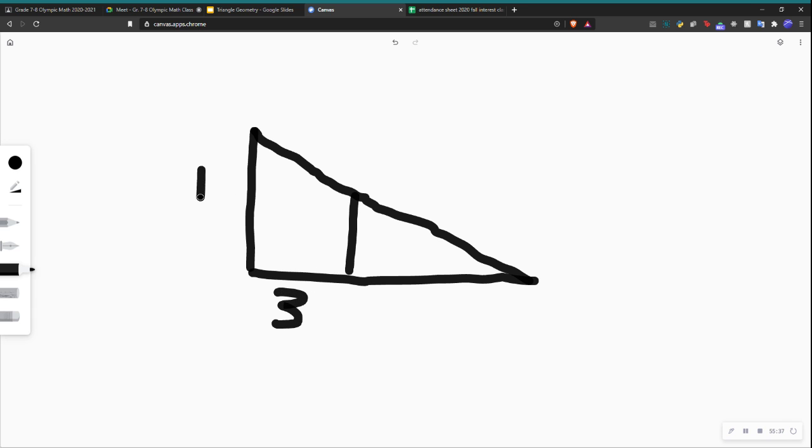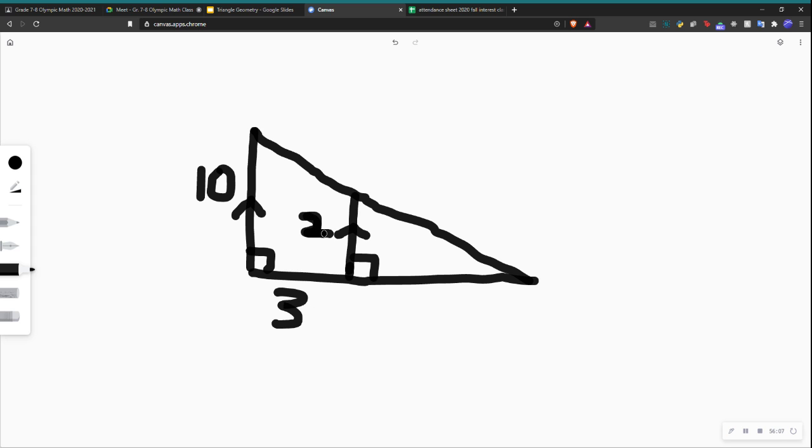I'm just going to ignore the unit for now. This distance is 10 meters. And Kevin's 2 meters tall, so this distance right here is 2. Both the street light and Kevin are perpendicular to the ground, so these are right angles. And that means that they're also parallel to each other. I use these arrows to represent that these two are parallel.